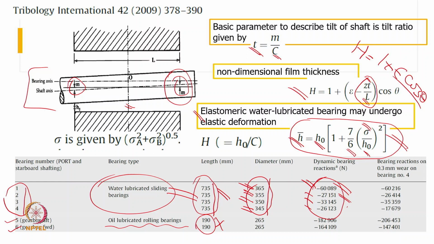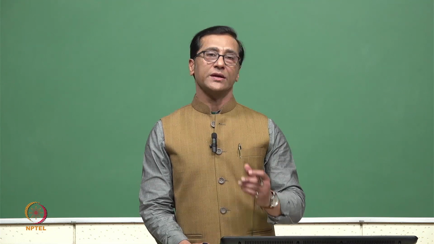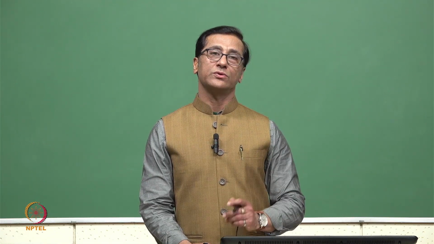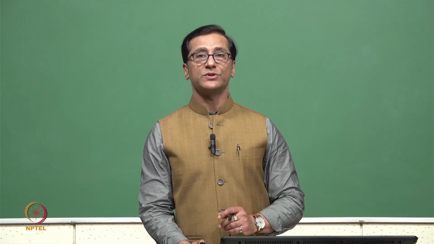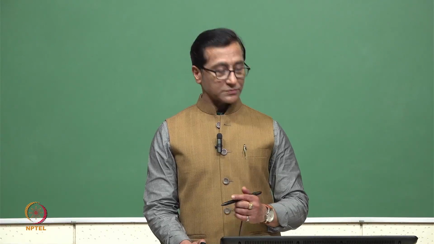The reason being the load is very high, and we are keeping the same shaft length. Of course, to some extent we have improved the bearing diameter, but that increase, hardly any 5%, cannot really sustain a load which is more than 2 times. So this is the first observation from our side.